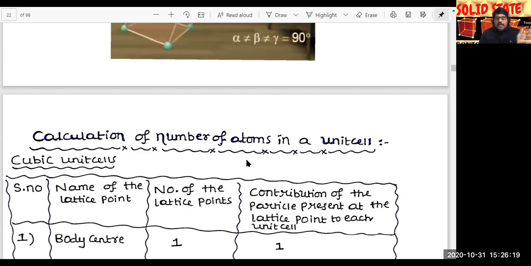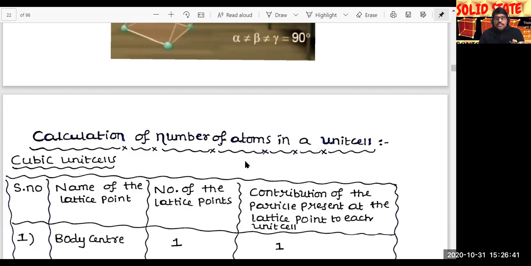See, I already told you, during the formation of the crystal lattice, all unit cells are arranged systematically, and whenever unit cells are arranged, in all directions some of the atoms, some of the constituent particles, are shared by more than one unit cell.